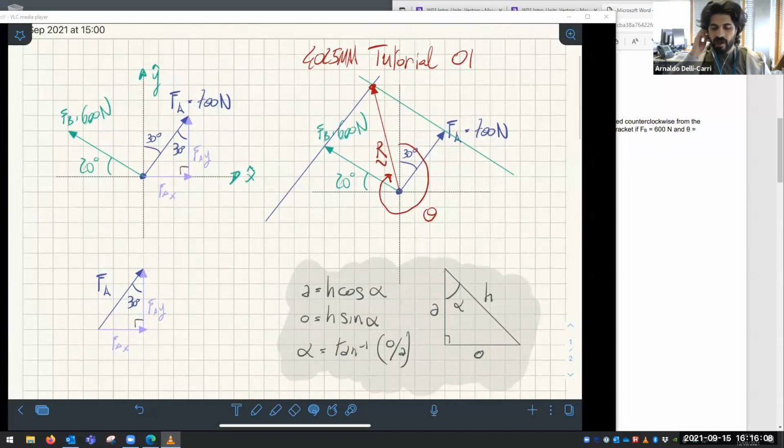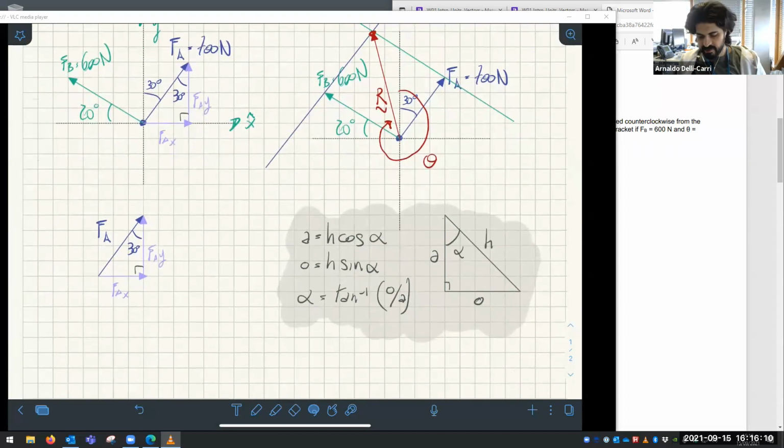Okay, now help me out. How much is FAX based on these three formulae? How do I find the horizontal component of FA? I must use the hypotenuse.